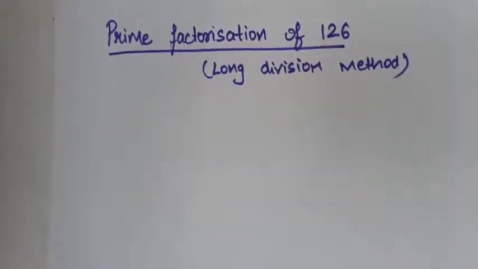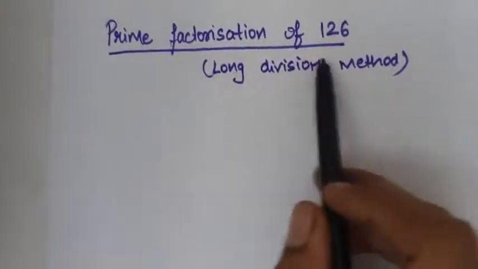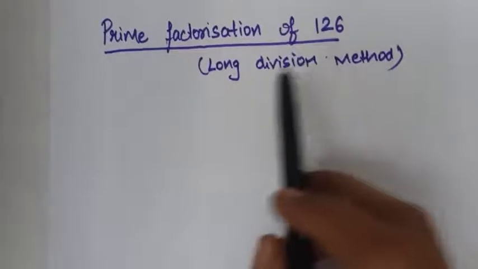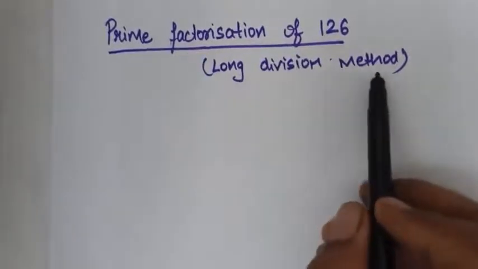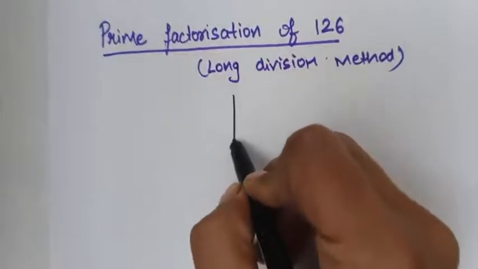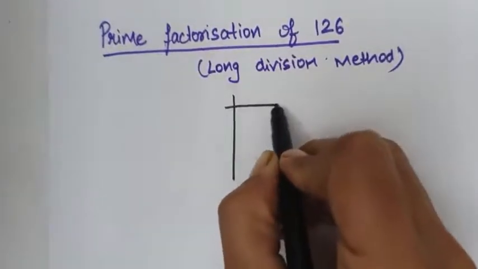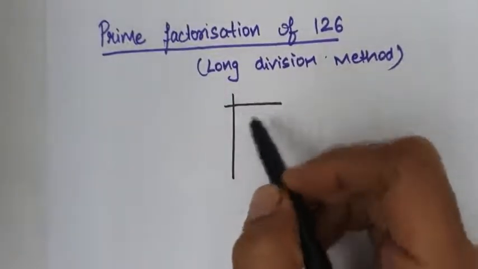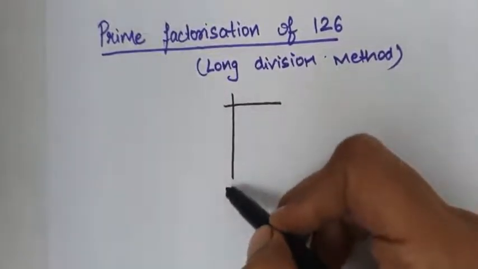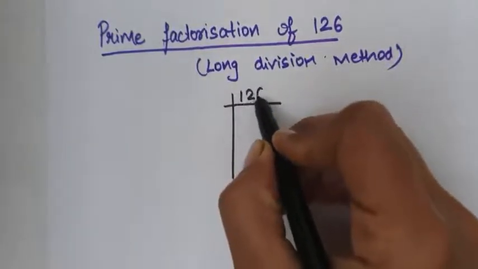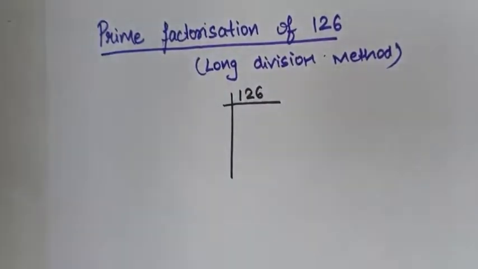How can we find the prime factorization of 126 by the long division method? First of all, draw like this: one horizontal line and one vertical line. Now write down the given number for which you have to write the prime factorization.